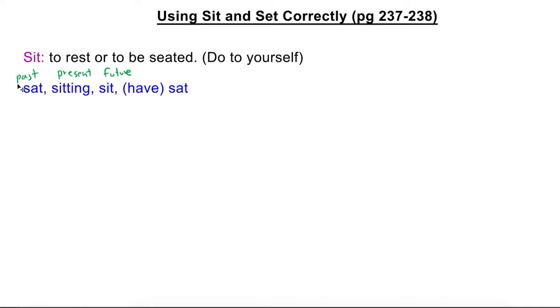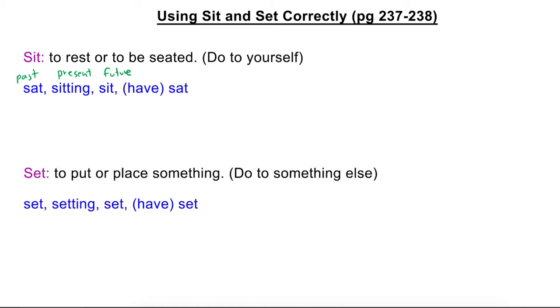For past tense, you might say I have sat there before, or for present tense, I'm sitting down. For the future tense, you say I would sit next to him during lunch. Or to show that you have experience, you can say I have sat down on that chair before. So that's sit. Something I'm sure you guys are very familiar with. I'll explain later on what I mean by do to yourself.